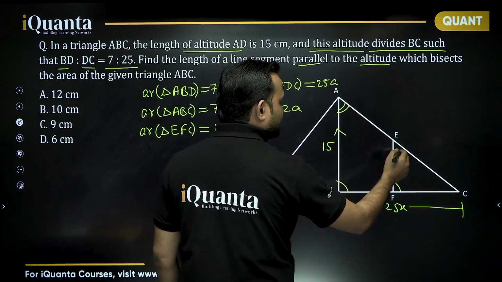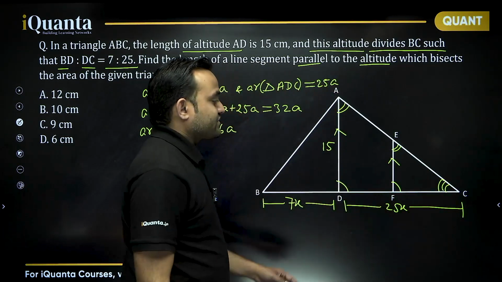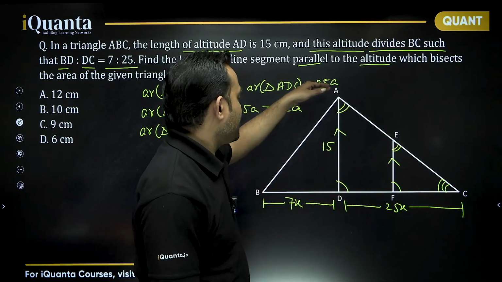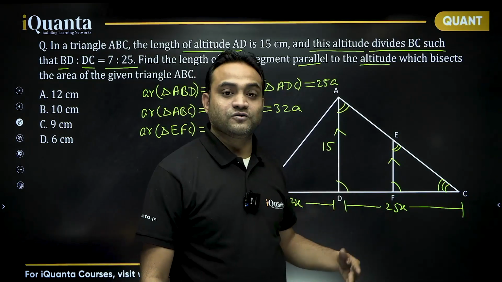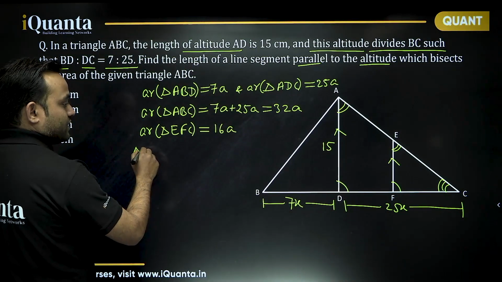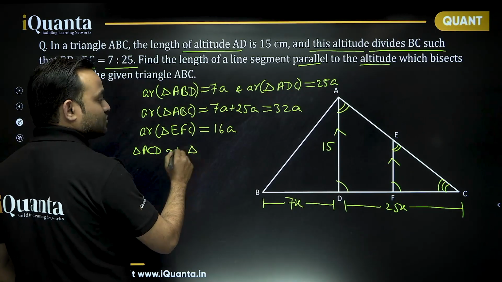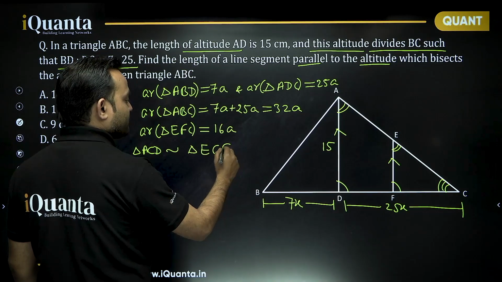This angle will be equal to this angle, and angle C is already common in triangle EFC and triangle ACD, right? These two triangles will be similar. So can we say triangle ACD will be similar to triangle ECF, right?